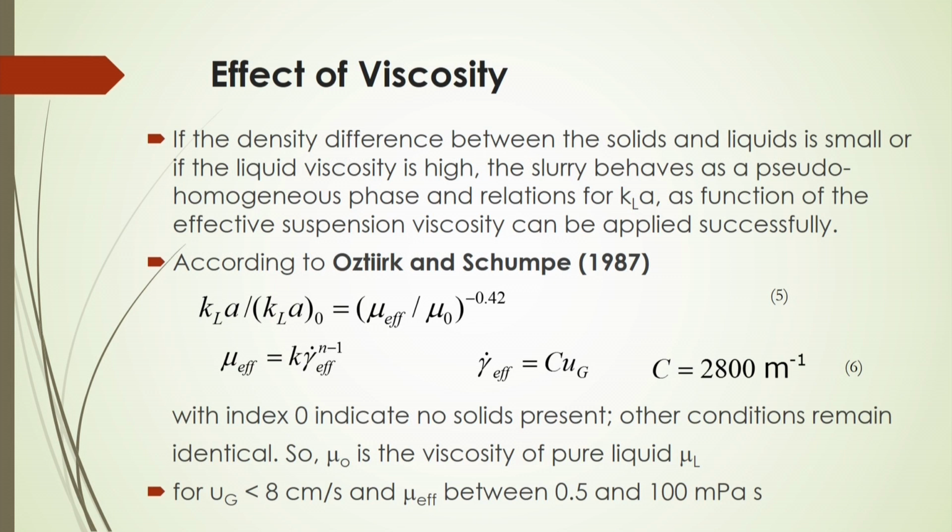So, if you do the experiment with and without solid particles, you will see the mass transfer coefficient ratio, KLA by KLA0, where KLA is in the presence of solid and KLA0 is without solid particles, will be equal to the ratio of the effective viscosity of the slurry by the viscosity of the phase without solid, to the power minus 0.42.